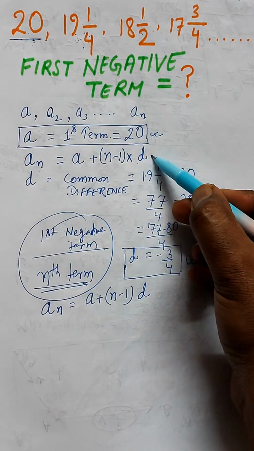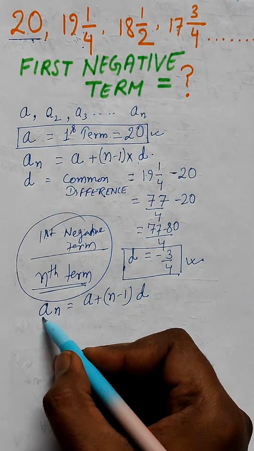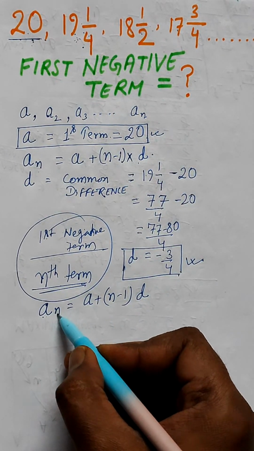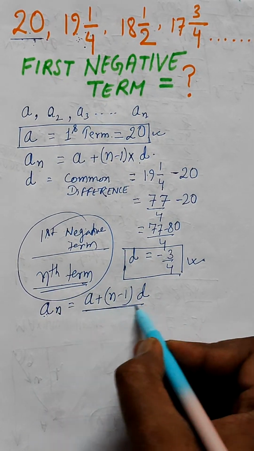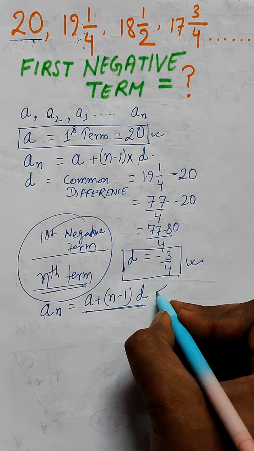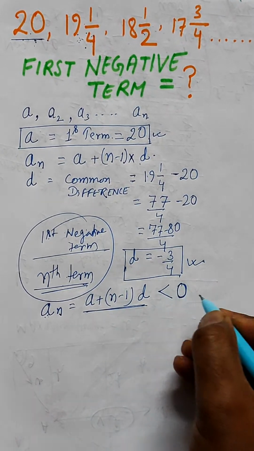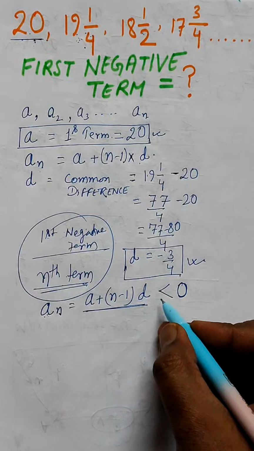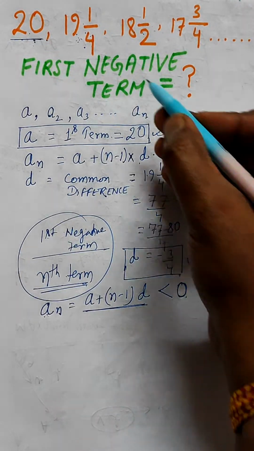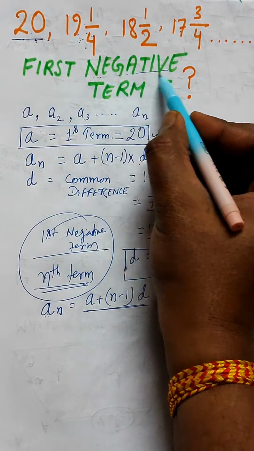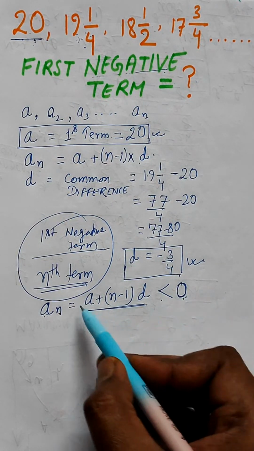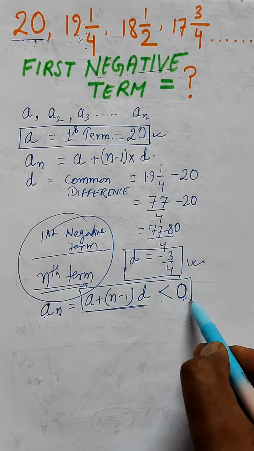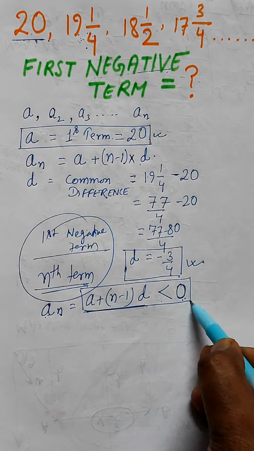Now the nth term is negative, so its value should be less than 0, because the question says negative, and any negative number is less than 0, right? So here you can see an inequality will be formed.